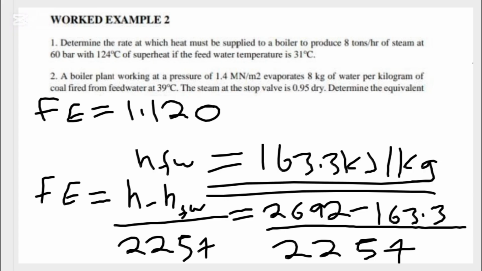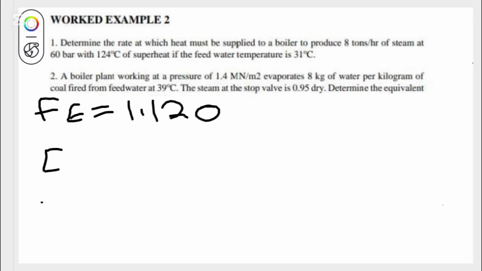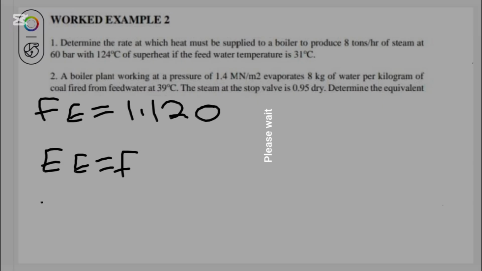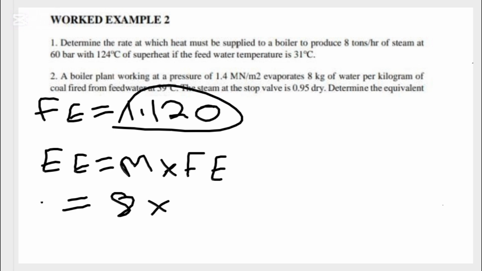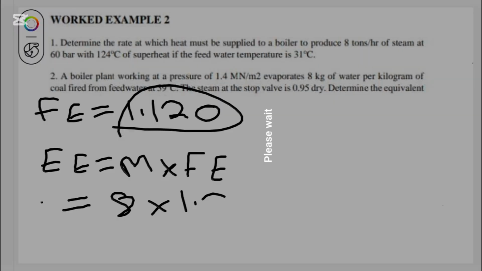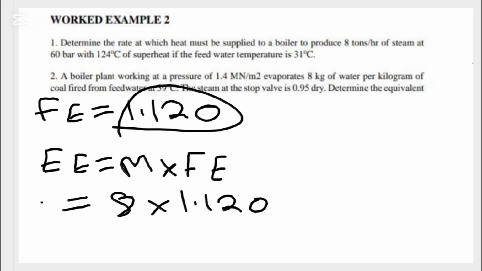So the next step is to calculate my equivalent evaporation. From the first formula that I wrote, EE is the same thing as m multiplied by Fe. Our m, which is the mass, is 8 kg, multiplied by Fe, which is 1.120.